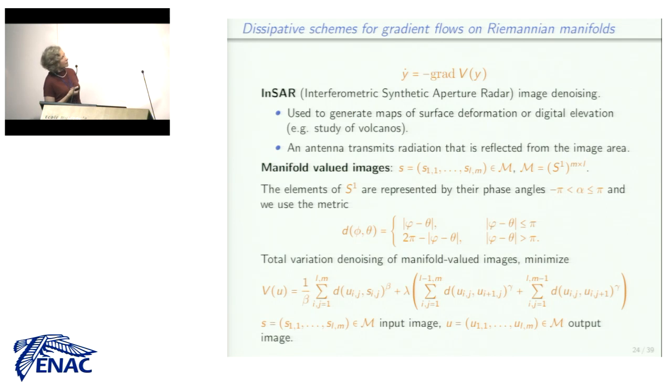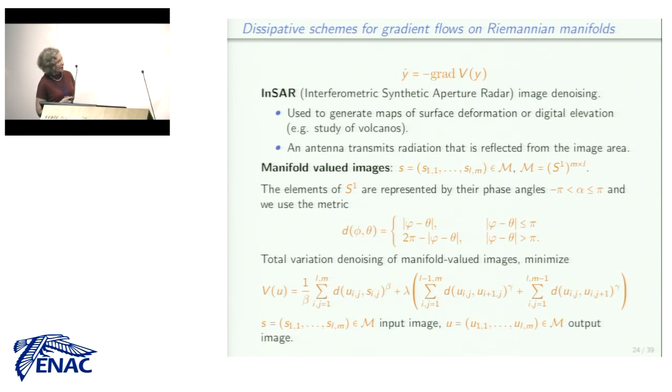All right, so the pixels of your images are angles, so they are elements in S1. We consider this metric distance, Riemannian metric distance, very simple, and one important thing you want to do with these images is to denoise them. And then what we have applied is this total variation denoising technique.